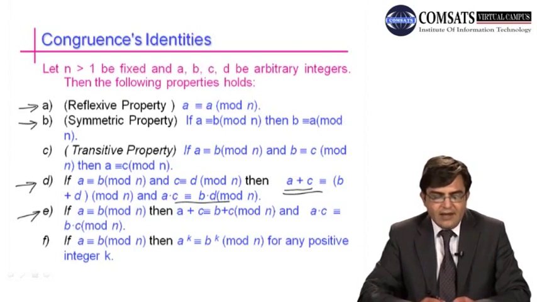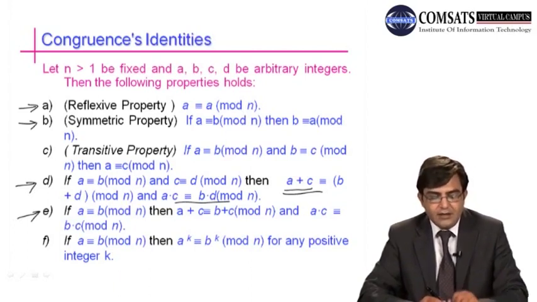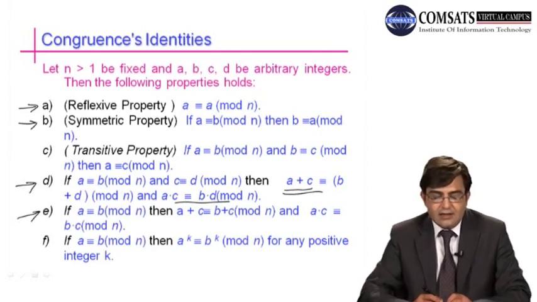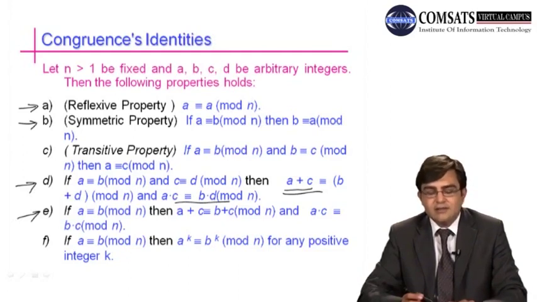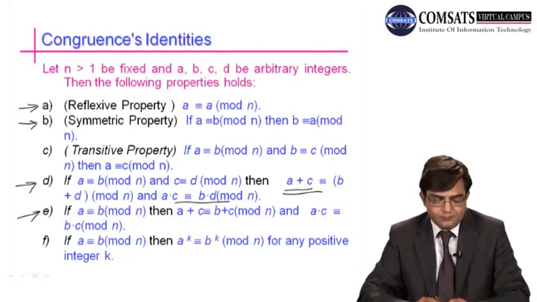That is, we can add any fixed number to both sides, or multiply both by the same number, and the congruence will remain true.